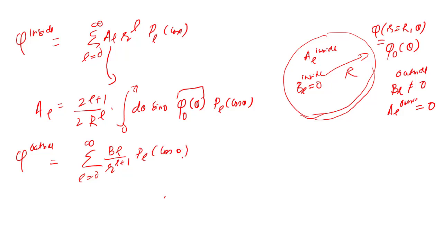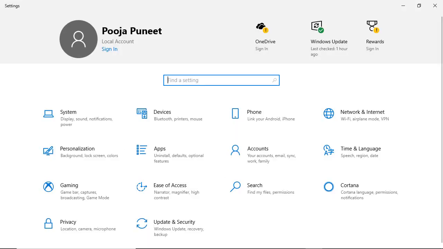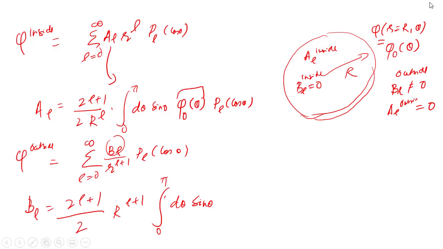We also figured out these B_L using a similar method that we did for A_L, and so B_L is equal to (2L+1)/2 times R^(L+1) integral from 0 to pi d theta sine theta phi_0(theta) P_L(cosine theta).